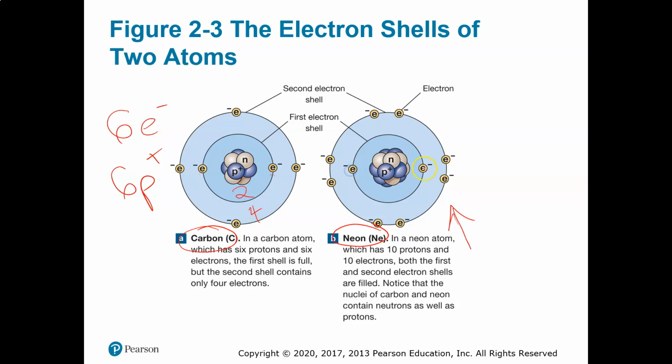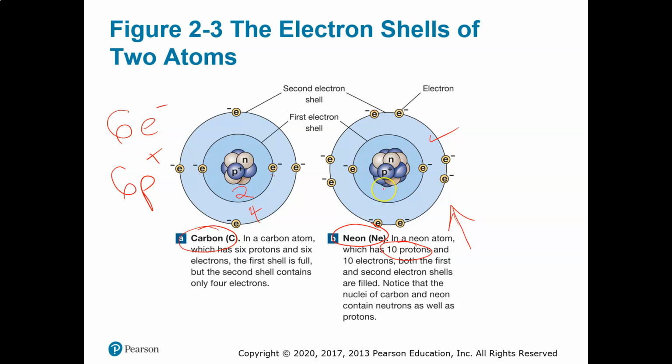Neon has 1, 2, 3, 4, 5, 6, 7, 8, 9, 10. Neon is a noble gas, which is in group 8 of the periodic table. Noble gases are already stable because their outer shells are filled, and the outer shell for neon is the second energy level, and as you can see, it is filled with 8 electrons.